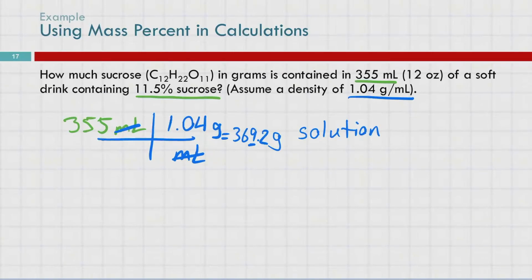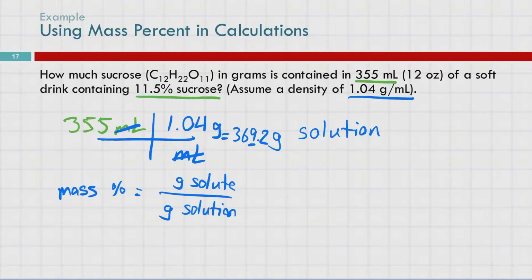Our formula for mass percent was mass percent equals grams solute over grams solution times 100%.